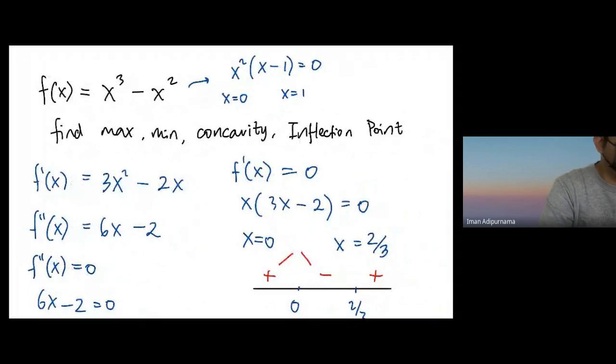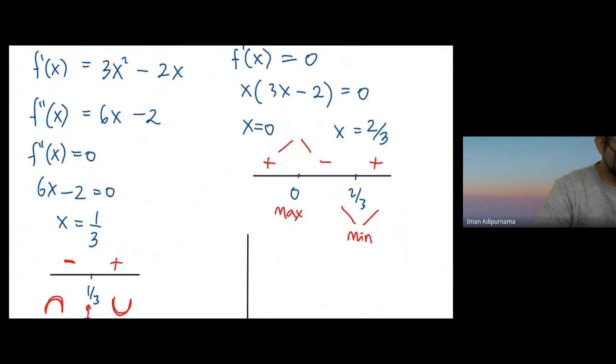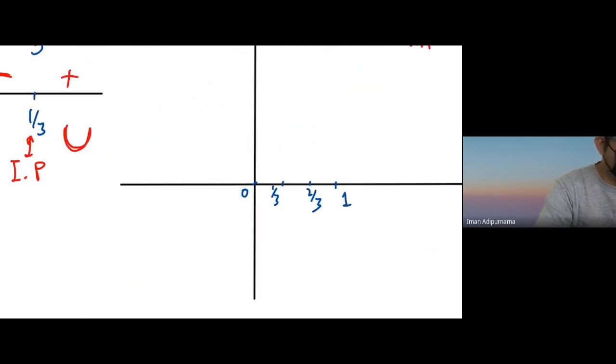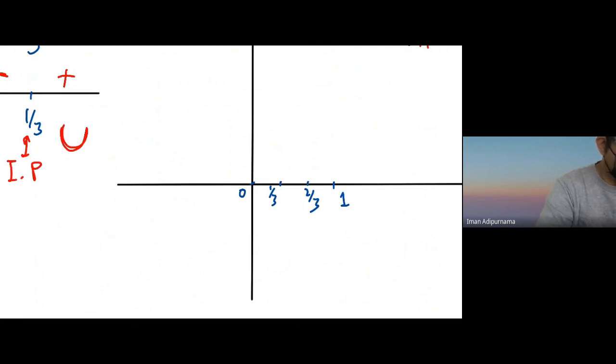So when x is 0, the function is 0, and 0 is a local maximum. So you can think it should be around like this.